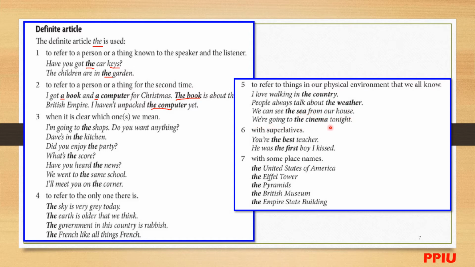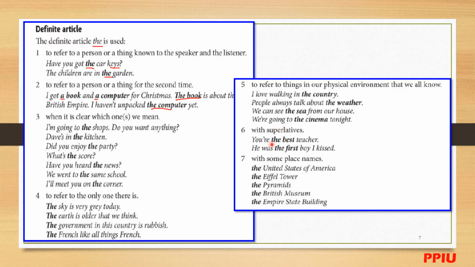We are going to the cinema tonight. That is our physical environment that we all know. Number 6: with superlatives. You are the best teacher. He was the first boy I kissed.